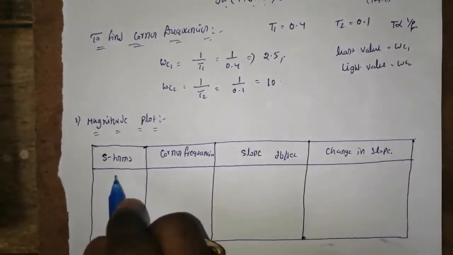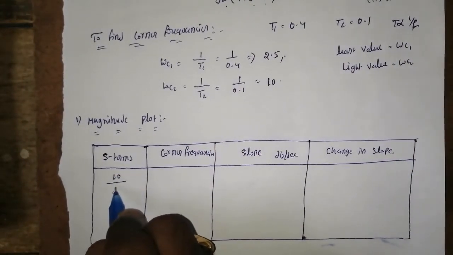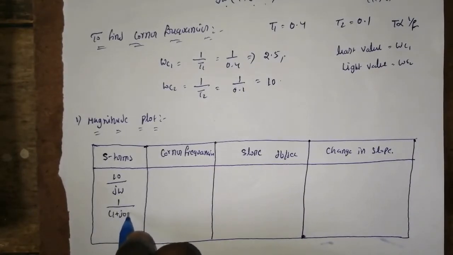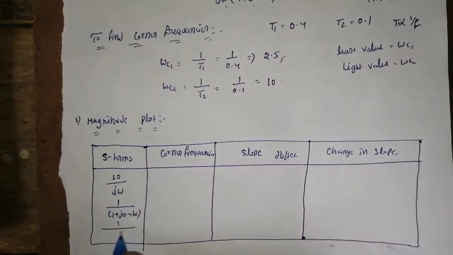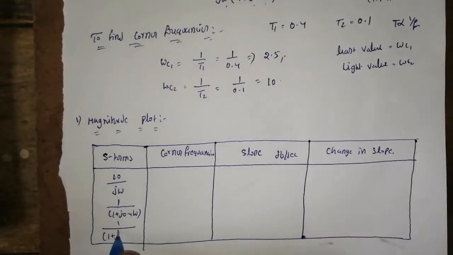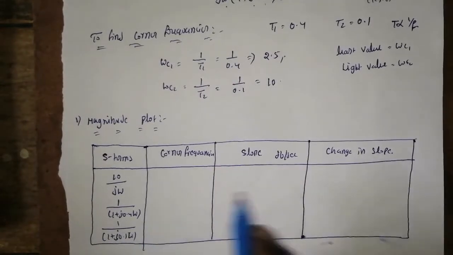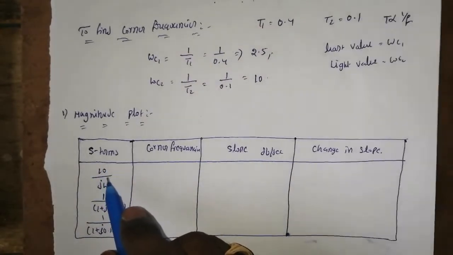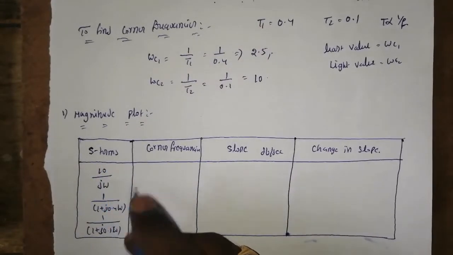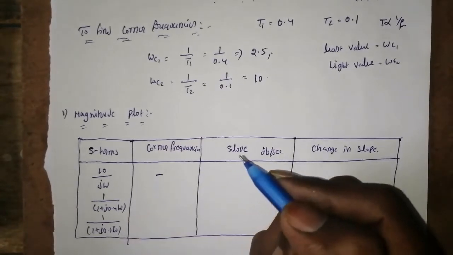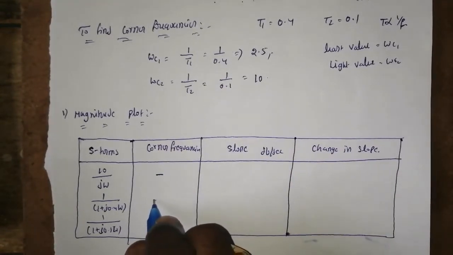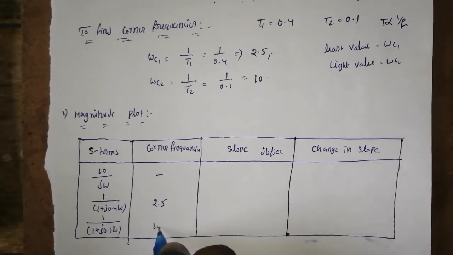If you see this term, there is no time constant, so here there is no corner frequency, and here the corner frequency is 2.5, and here it is 10.